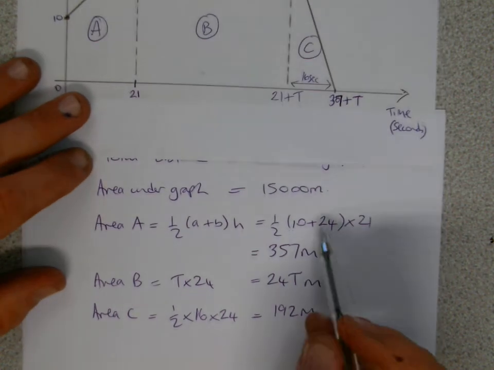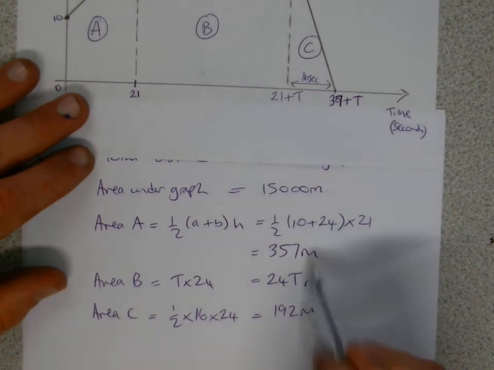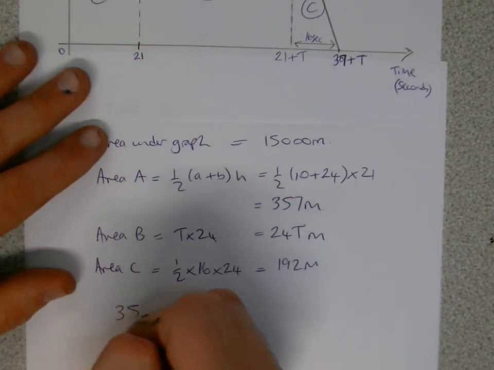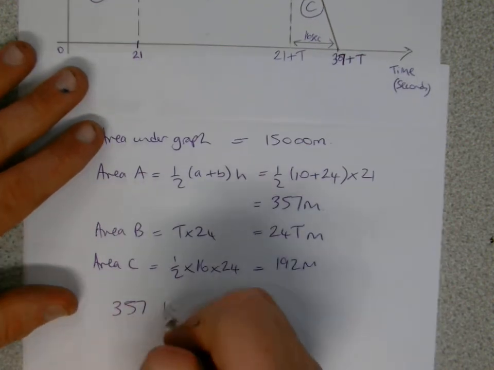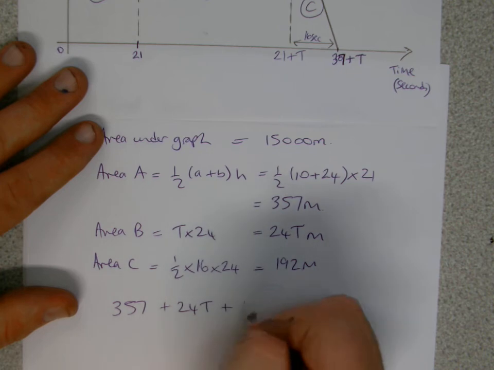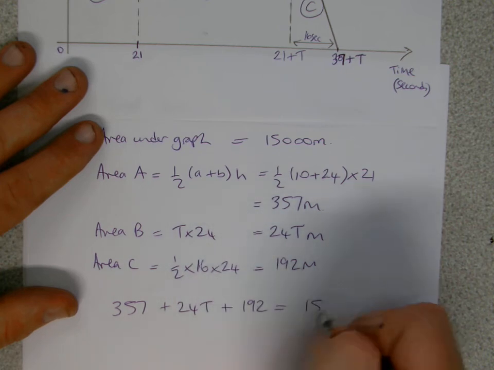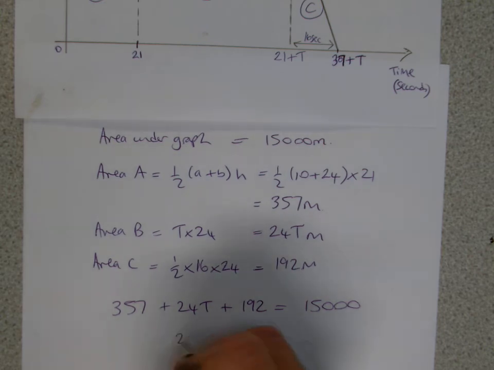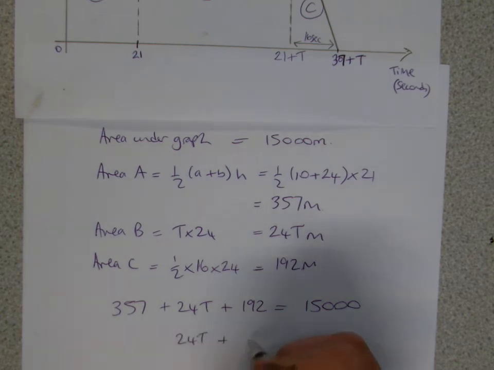Now we need to put these together. We need to add them up, all three of them, and that should total 15,000. So 357 plus 24t plus 192 will equal 15,000. Simplifying this, we could put those two together. So 357 plus 192 is 549.